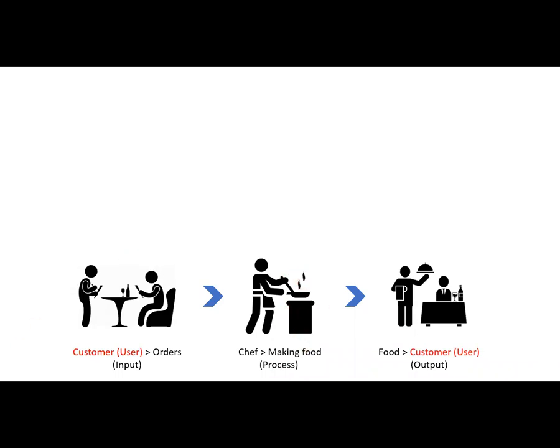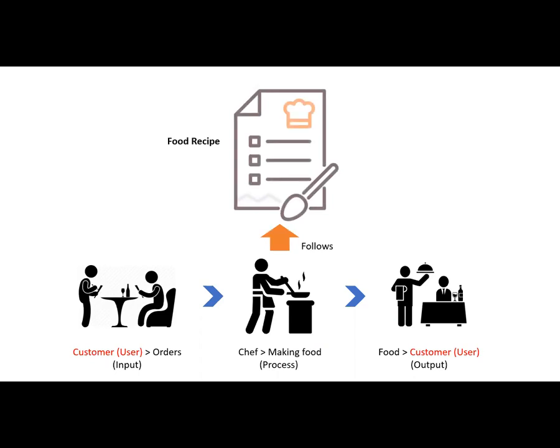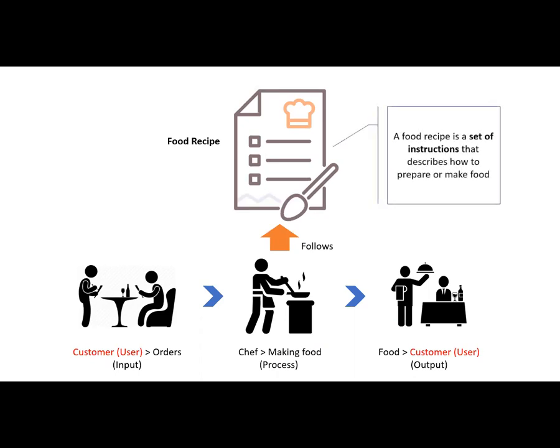This process sometimes may be in his mind, but however, he follows a food recipe. So what is a food recipe? A food recipe is a set of instructions that describe how to prepare or make food. Do you have an idea about a recipe?